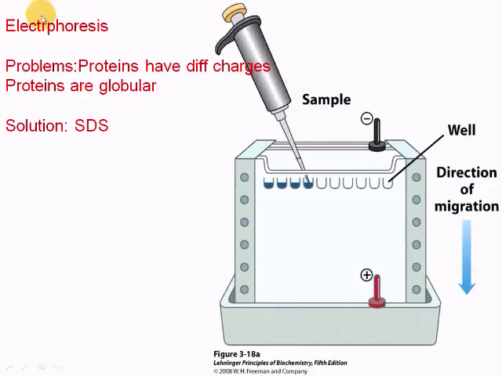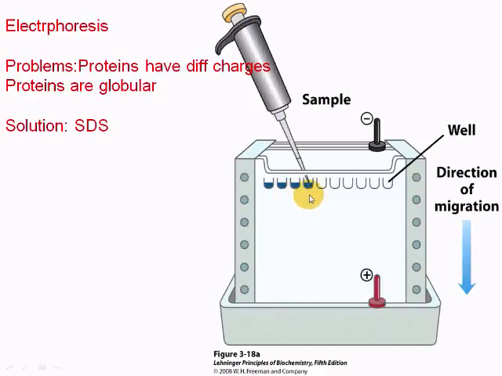Okay, electrophoresis. We have a problem in that proteins have lots of different charges, and they're globular. The solution to this is SDS. Okay, and so with electrophoresis, we have a negative and a positive charge at the bottom, and the proteins migrate down based upon their size.